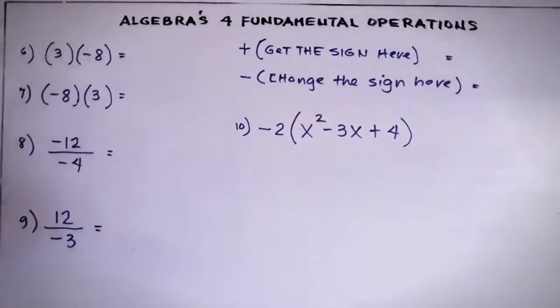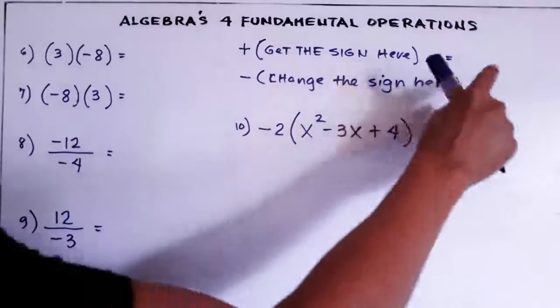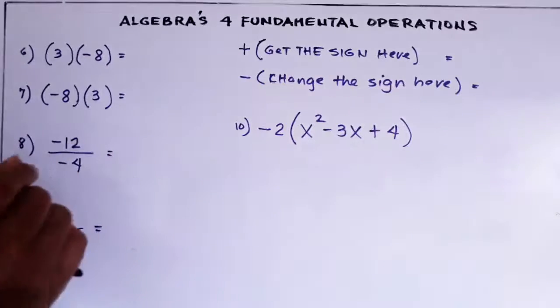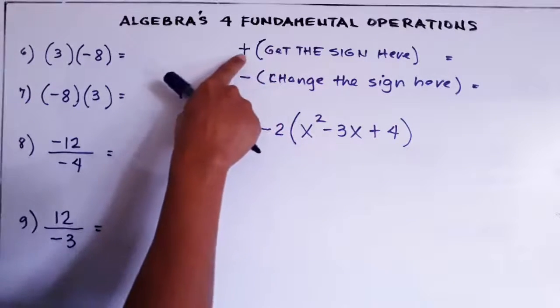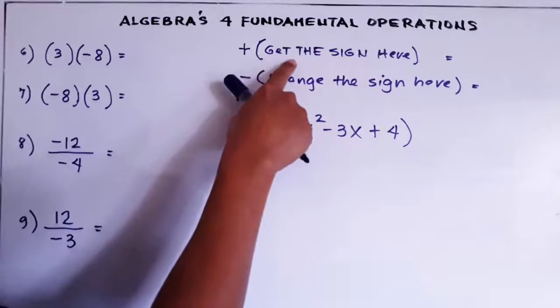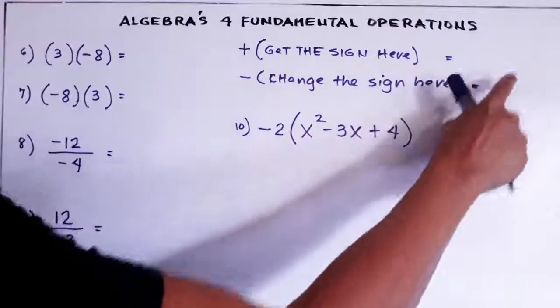Okay, class. Let's have example number 6. This is now multiplication and 2 divisions here, and we have the distributive property of multiplication. So before I erase this one from our previous lessons, I just wrote here positive, whatever the sign here, you get the sign, and you remove the bracket, and it's the sign here.